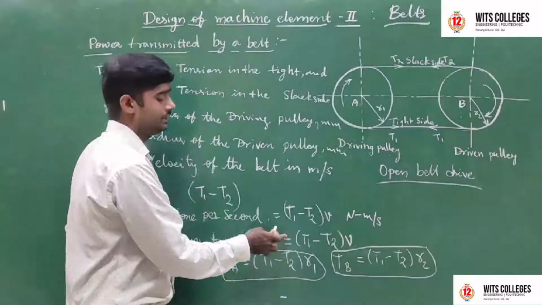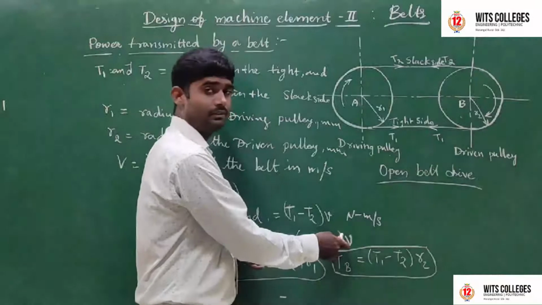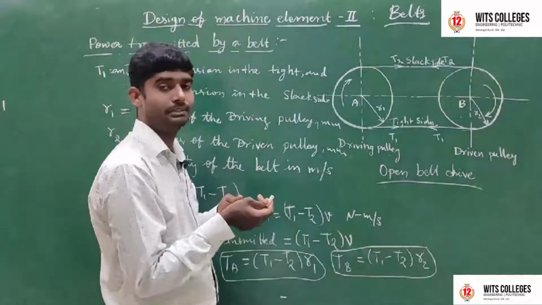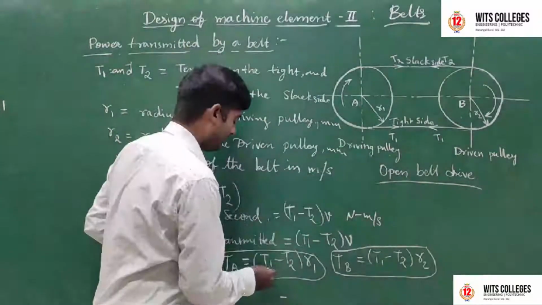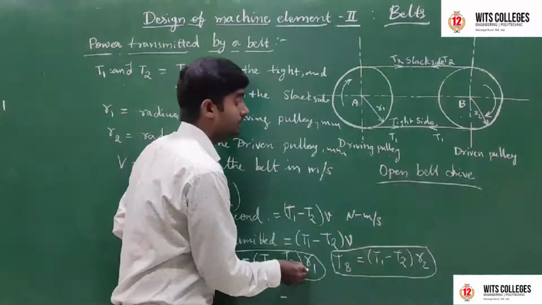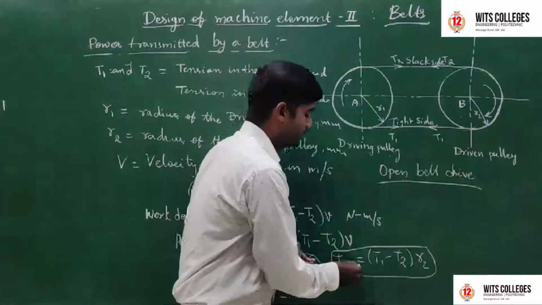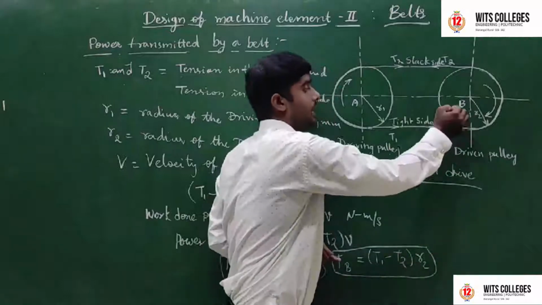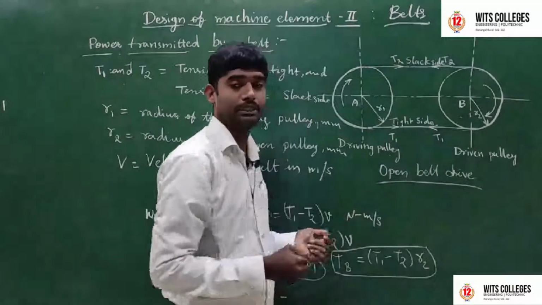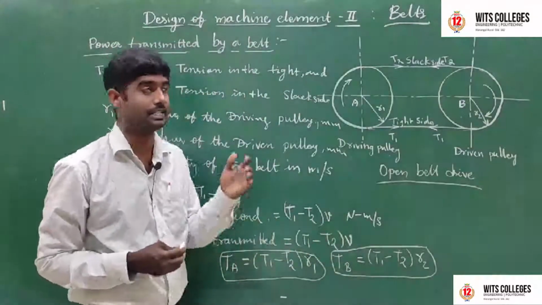Power transmitted is T1 minus T2 into V. Torque in pulley A, TA, is T1 minus T2 into the radius of the pulley, R1. Next, TB is T1 minus T2 into the radius of the driven pulley, R2. This is power transmitted by a belt.